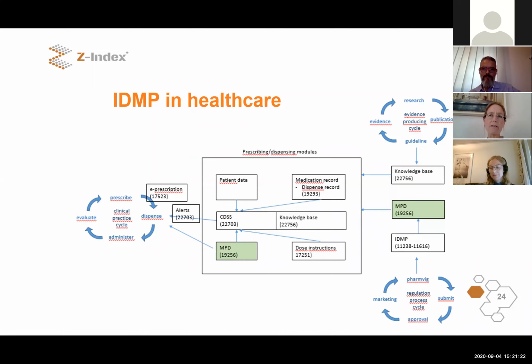It starts when a doctor prescribes a medicine, or when a patient goes to the drugstore and buys a medicine. And when an adverse reaction occurs, then you have your use case for pharmacovigilance. But it means that IDMP is also very important for healthcare.